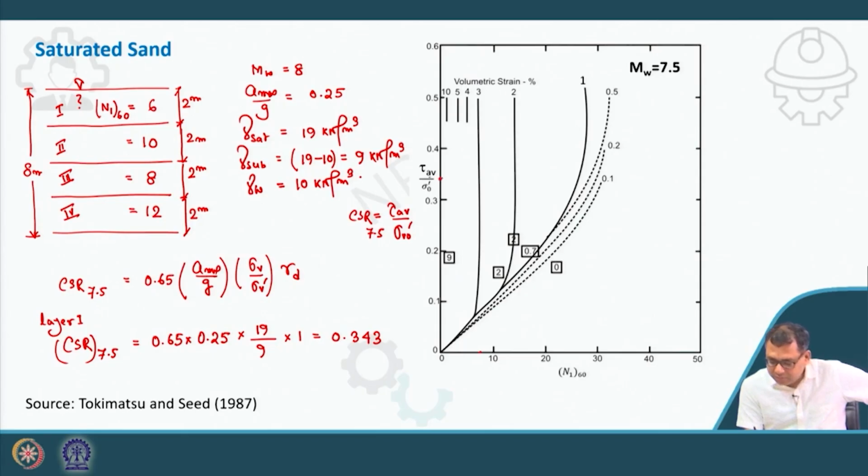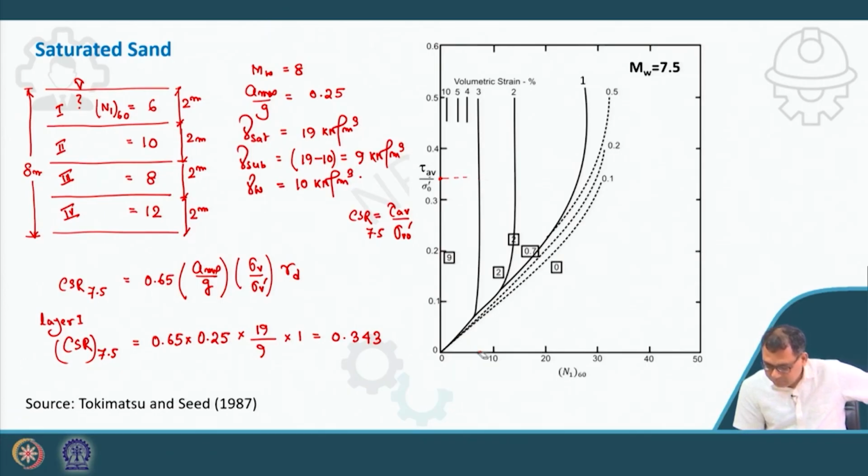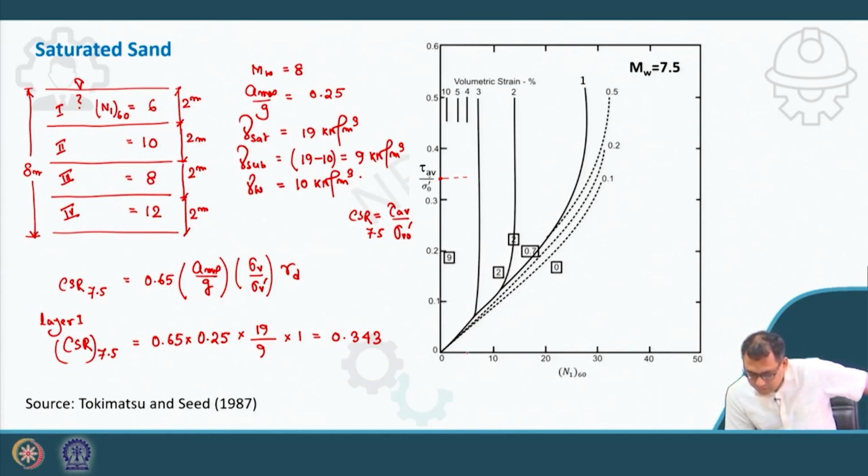This is 5, this will be around 6. This is N1,60 equal to 6 for layer 1, and this is CSR 0.343.